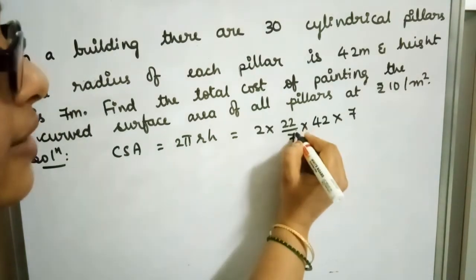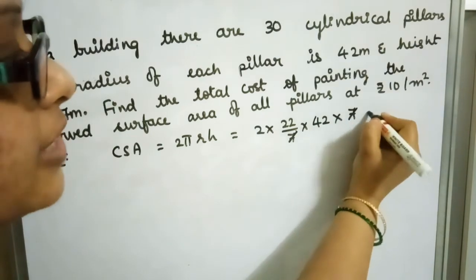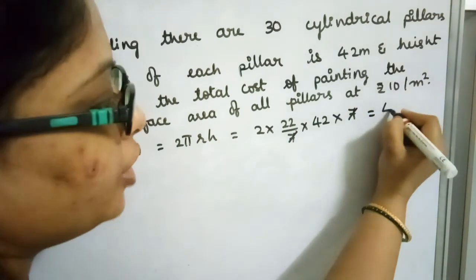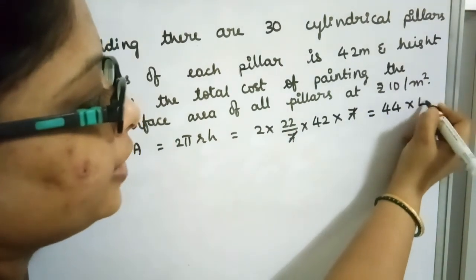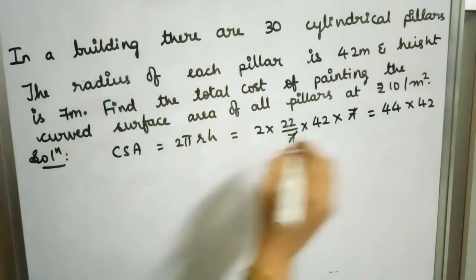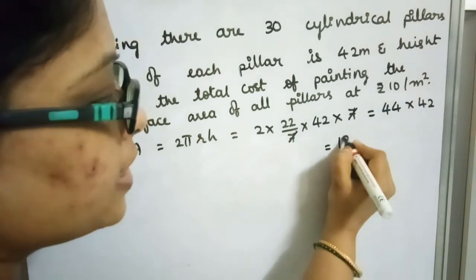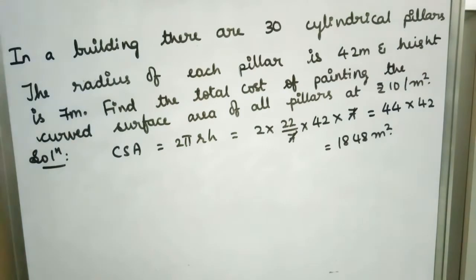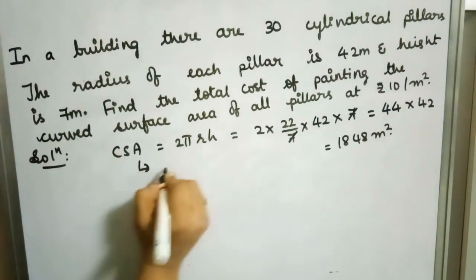So 7 ones are 7, 7 sevens are 49, gets cancelled. So here 7 and 7 gets cancelled. So we will get here 44 into 42, which is equal to 1848 meter square. This is the CSA of one cylinder. This is the CSA of one pillar.